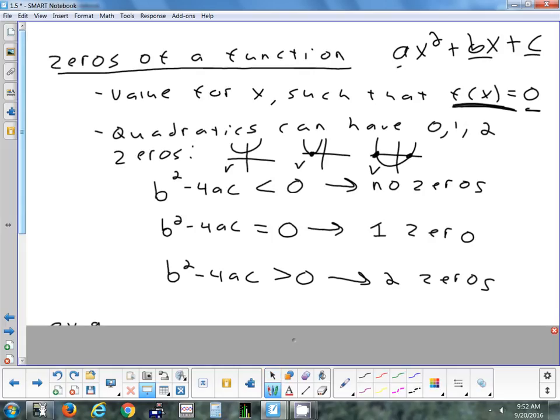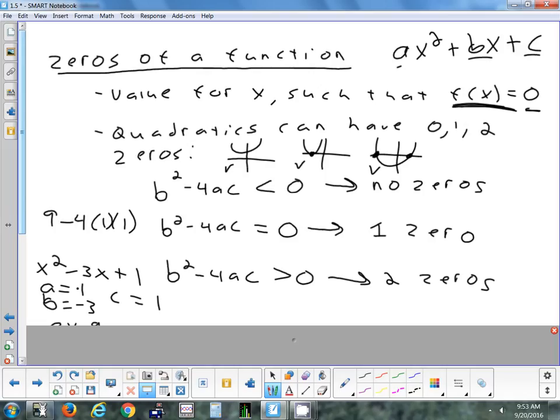Okay, so if I just made up, let's just say x squared minus 3x plus 1. What's a in this equation? 1. b? Negative 3. And c? 1. So if I did b squared, that's 9 minus 4 times 1 times 1.